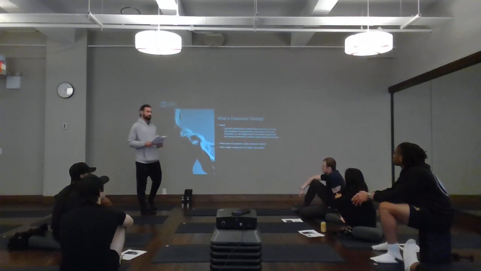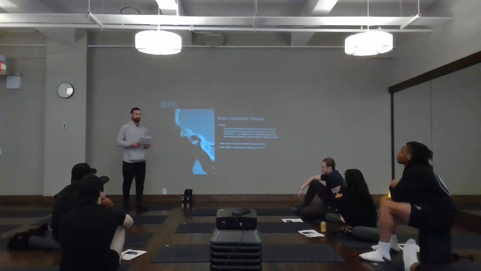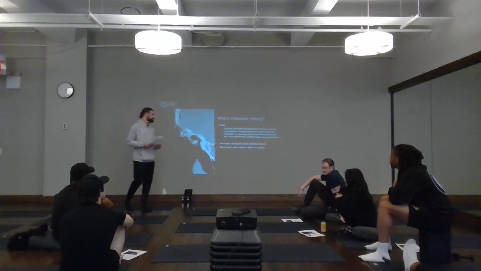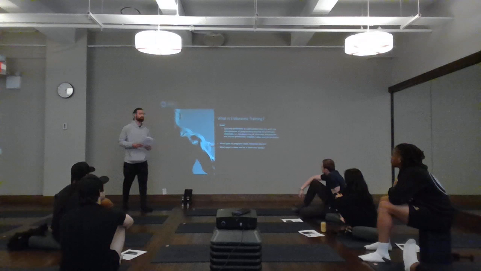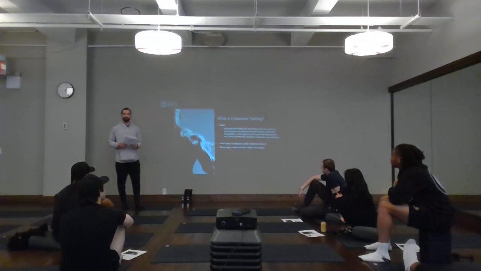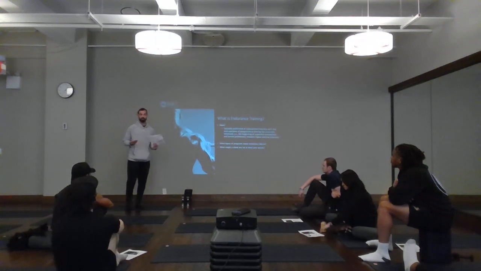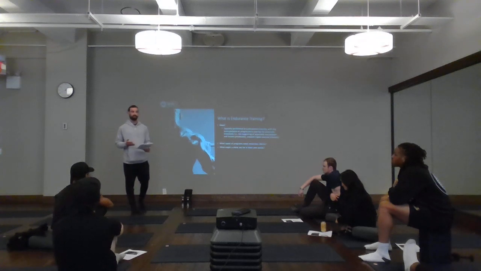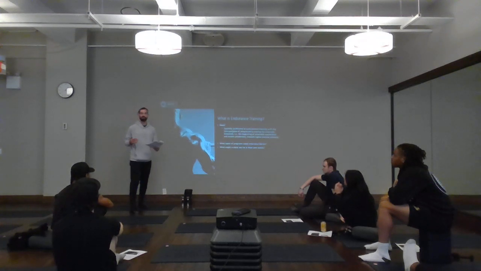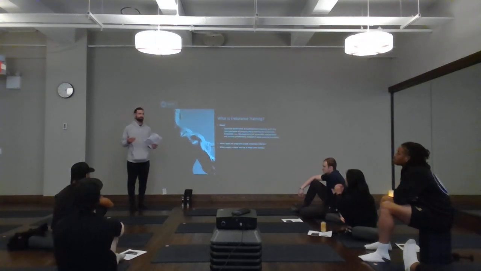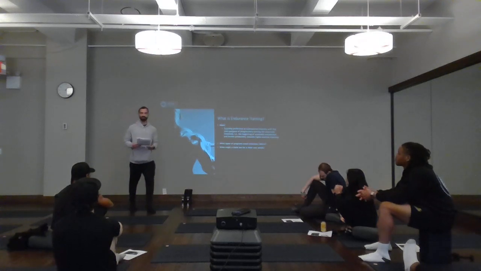Submaximal intensity, right? So endurance training is done at a low intensity. Moving the anaerobic threshold. What does that mean to you all? Did anybody start to feel a burning in their shoulders? Yes. Right? So when you start to feel the burning, that's an indicator that you're past your anaerobic threshold, suddenly anaerobic metabolites are building up, lactic acid, hydrogen ions, and so forth.